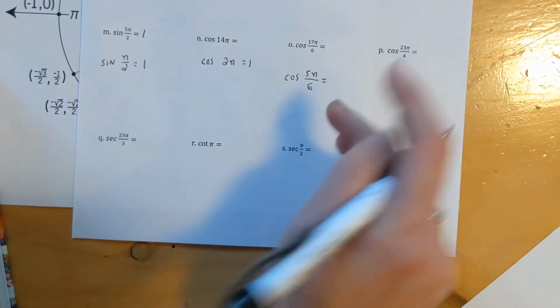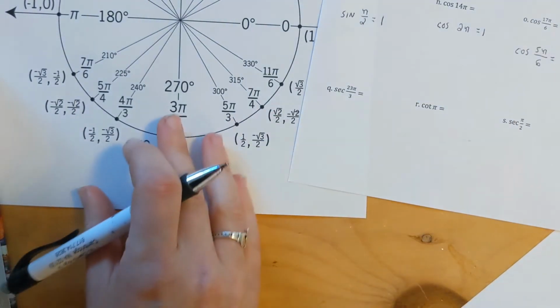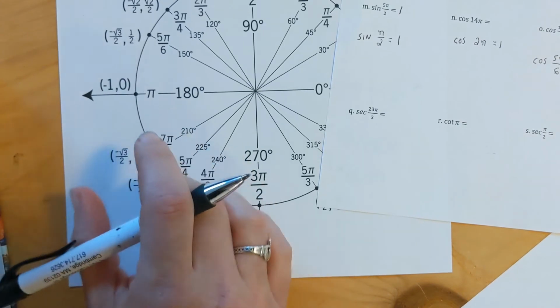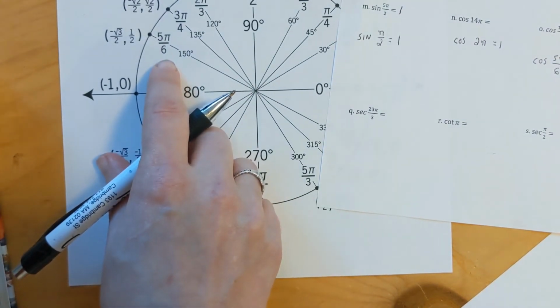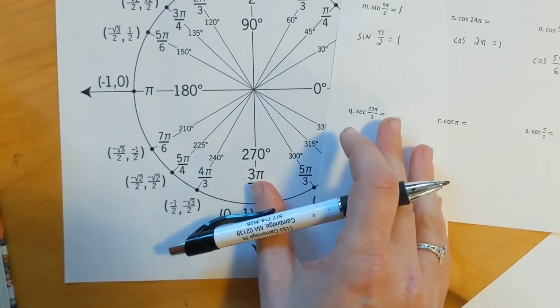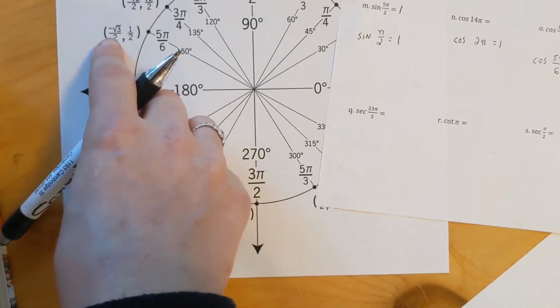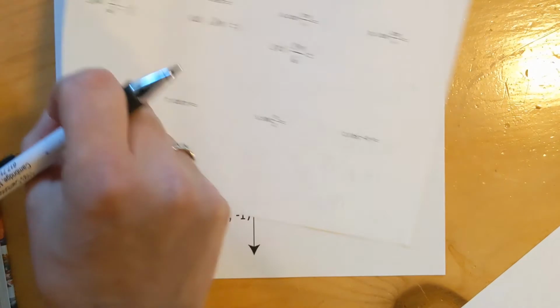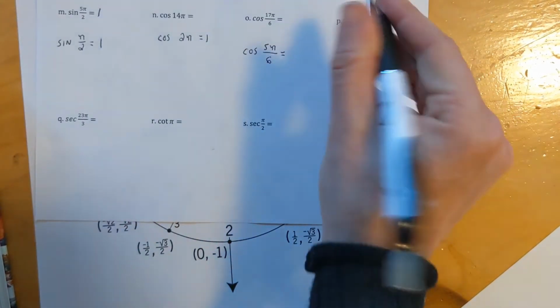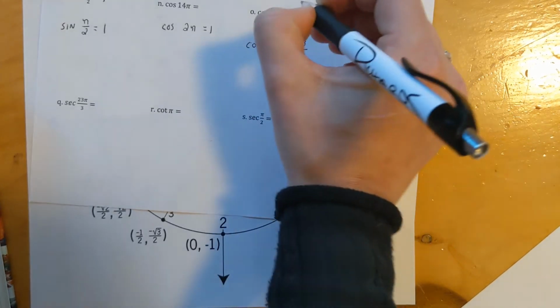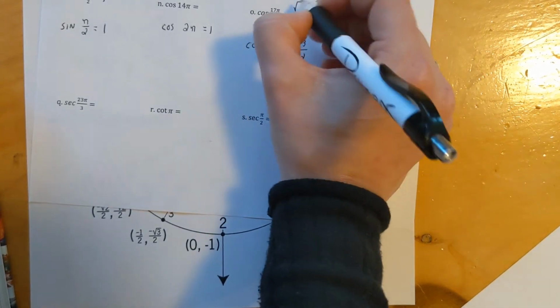Hopefully I'm starting to sound repetitive. 5 pi over 6 is right here, and cosine of that is going to be negative root 3 over 2. So that's my answer. It's also my answer up here.